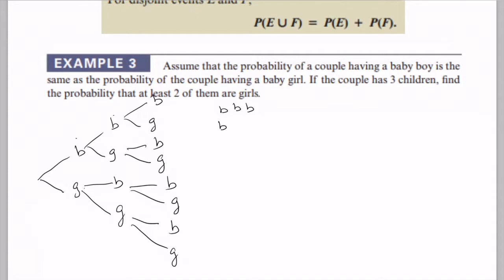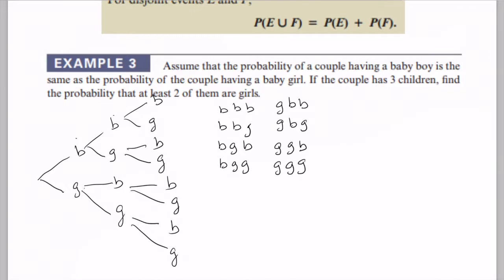Then we have boy, boy, girl. Then boy, girl, boy. And then boy, girl, girl. Then girl, boy, boy. Then girl, boy, girl. Then girl, girl, boy. And we have girl, girl, girl. Okay?